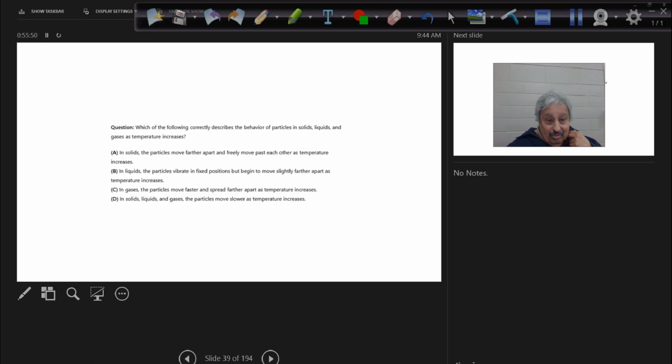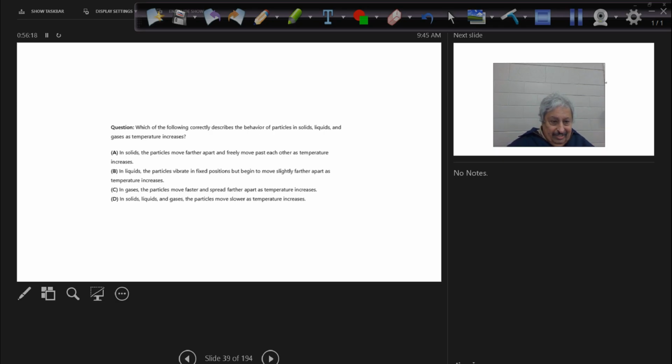Liquids and solids, what will happen? Liquids move faster. In solids, particles move farther apart and freely move past each other as temperature increases. In liquids, particles vibrate, fixed but move slightly. In gases, particles move faster.